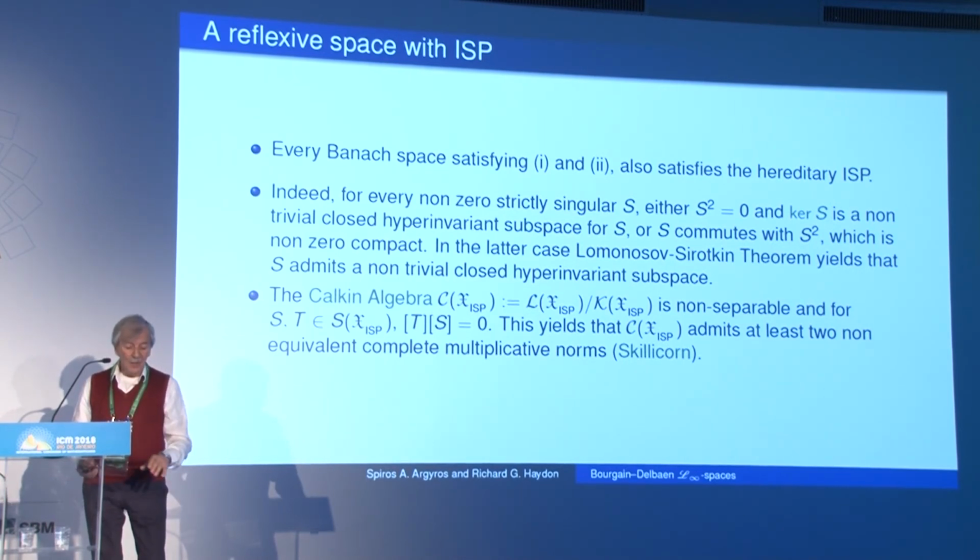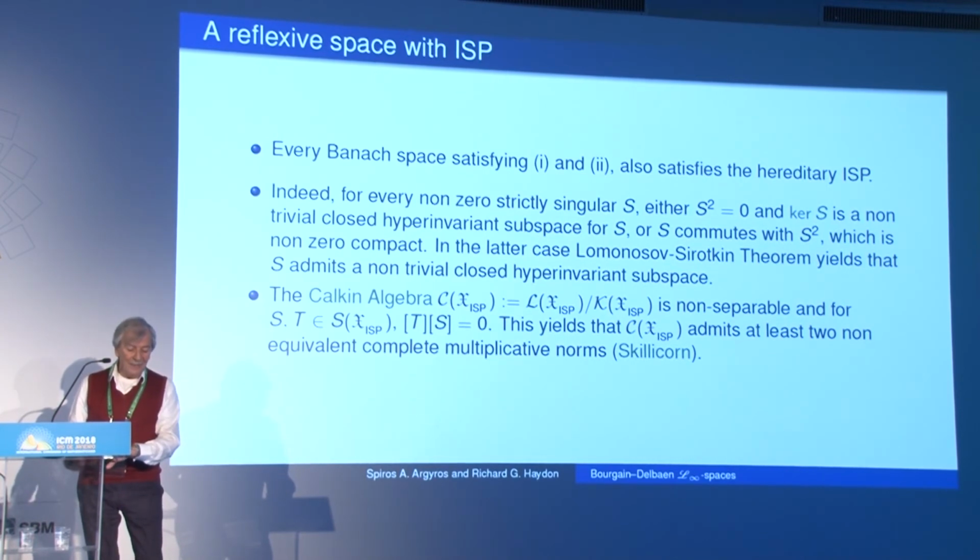And somehow this was used by Skillicorn to prove that the Calkin algebra admits at least two non-equivalent complete multiplicative norms. And okay, I will stop here. Thank you very much.